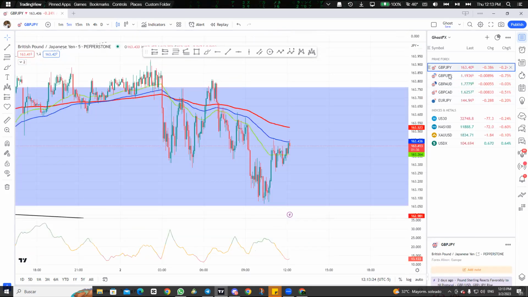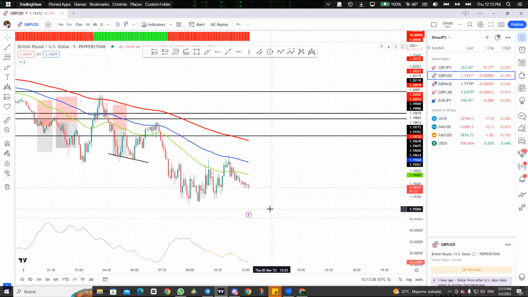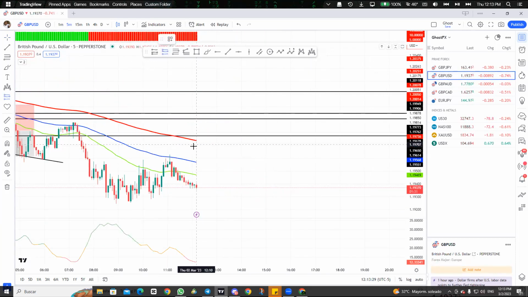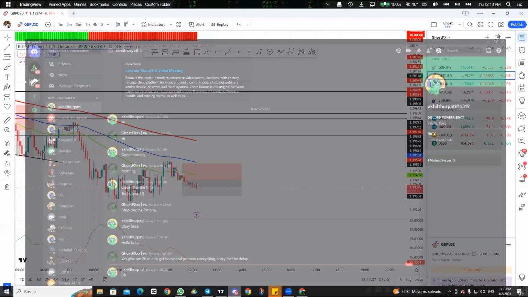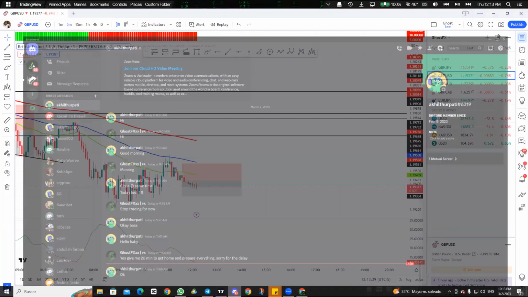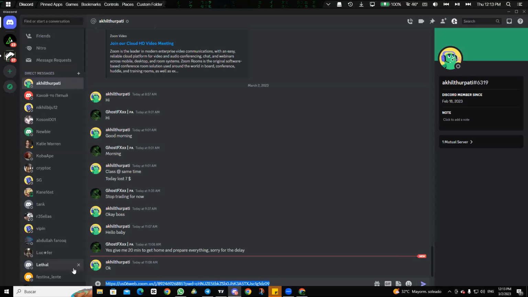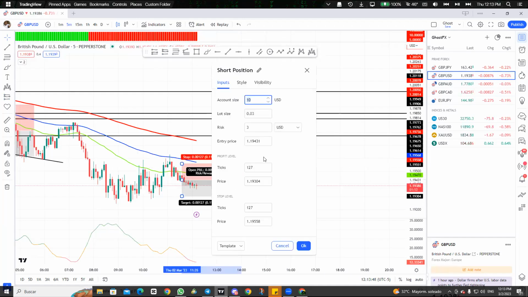I should have sent this trade. Where did we enter? I don't even remember now. I think we entered around here or something like that. Do you remember the price? What's your entry price? 1.19414.